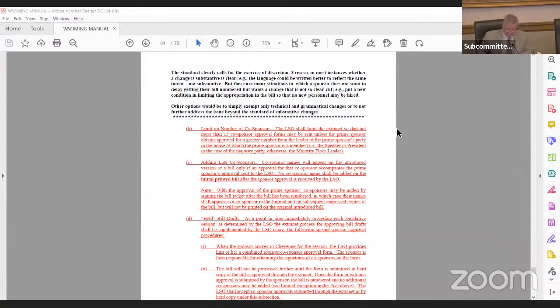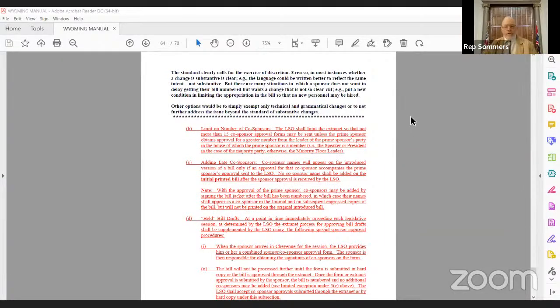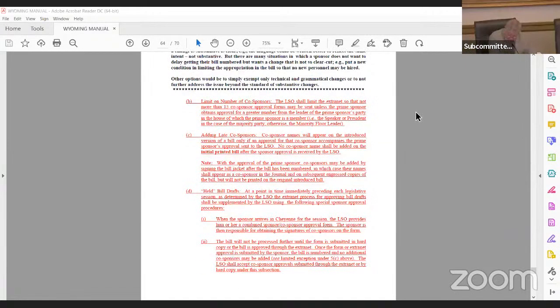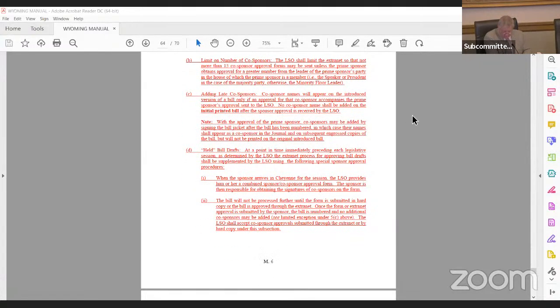And really, the issue you get into, Mr. Chairman, is a timing issue. Really the only additional language to the handbook is M6, the very last sentence: the LSO accepts co-sponsors either by hard copy or through the extranet.